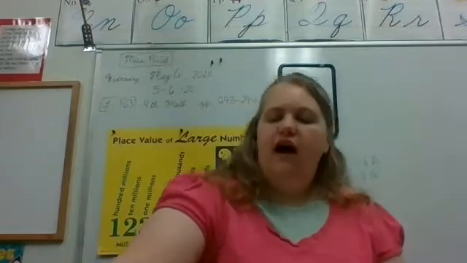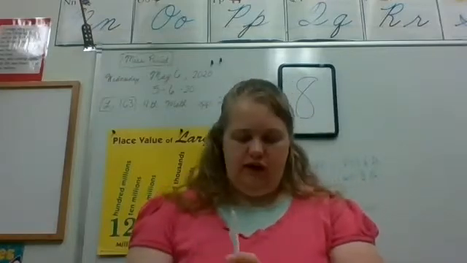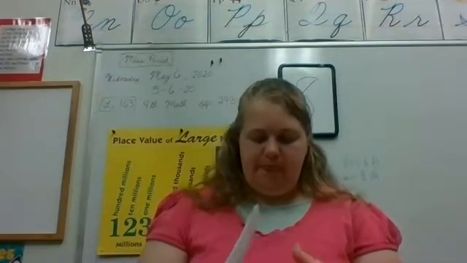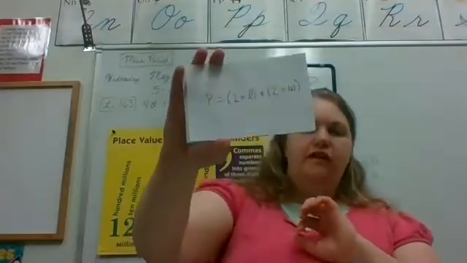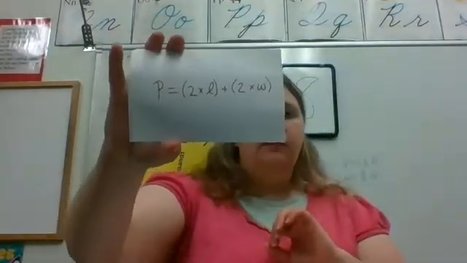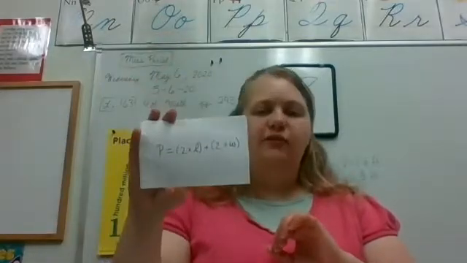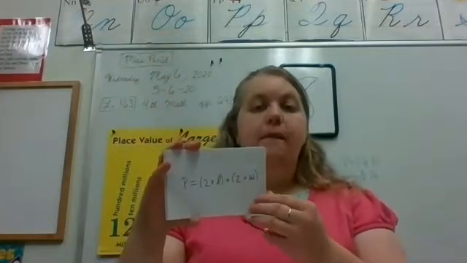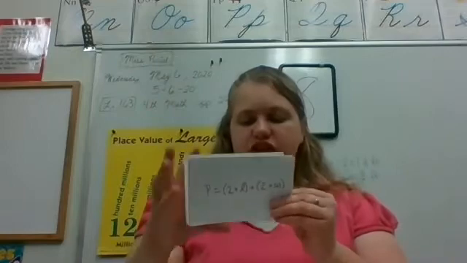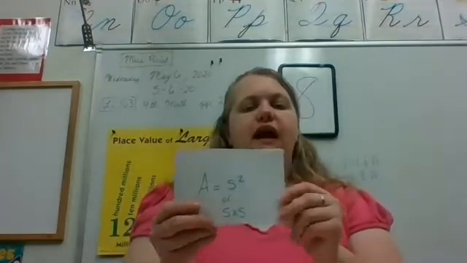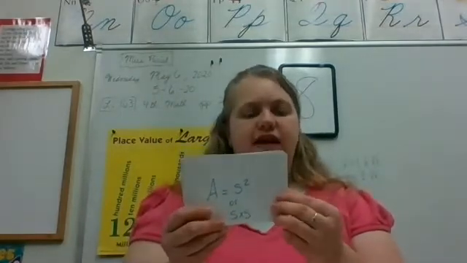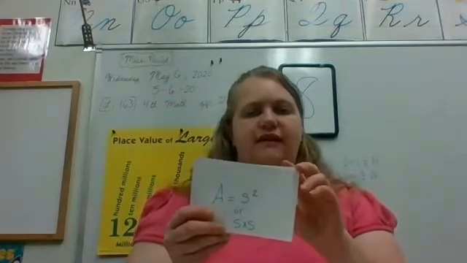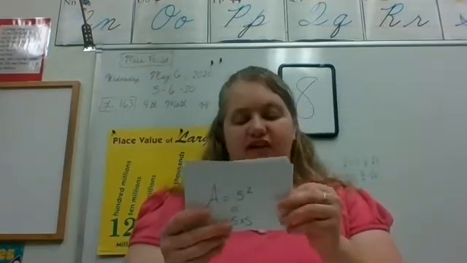All right. Just a review on our formulas. P equals 2 times L plus 2 times W. What is that the formula for? Perimeter of a rectangle. Good job. What about A equals S times S, side times side? What is that one? Area of a square.